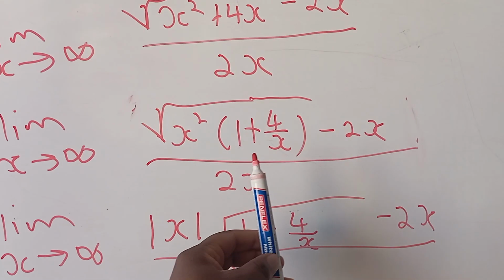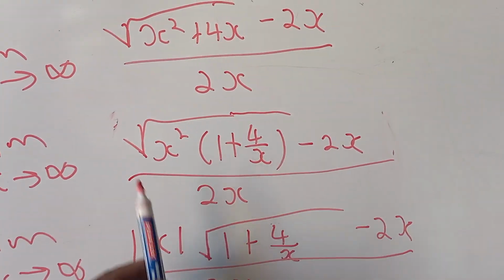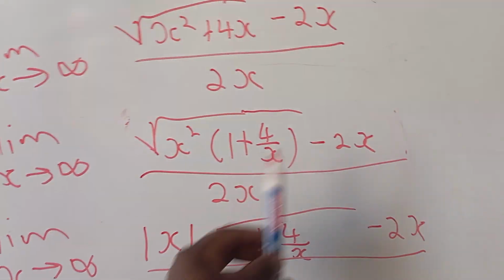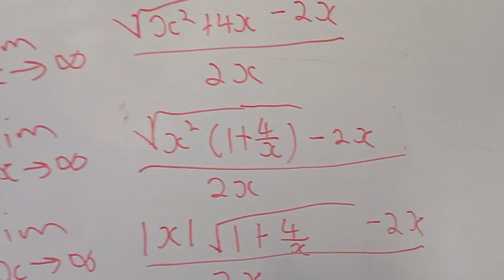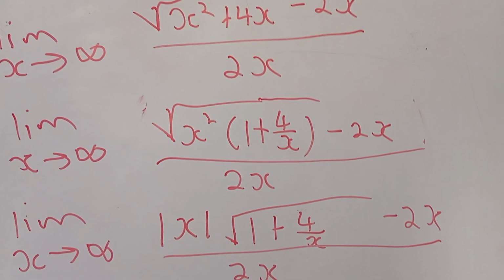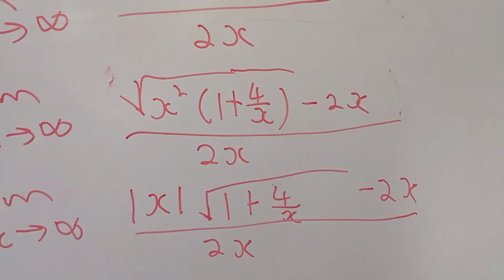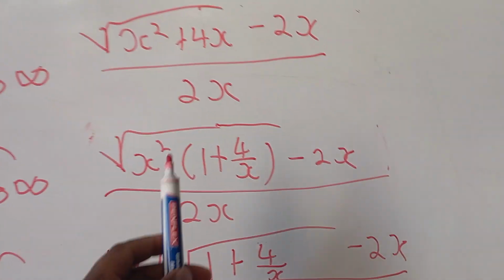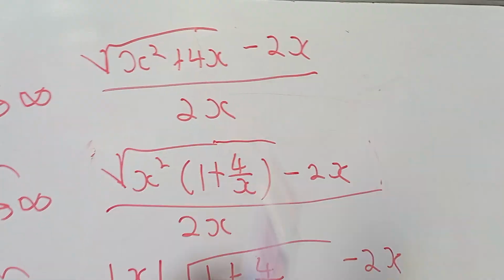When you multiply x squared times 4 over x, it gives you, we just factored out that x squared, we get 4 over x. So x squared with 4 over x gives us 4x.